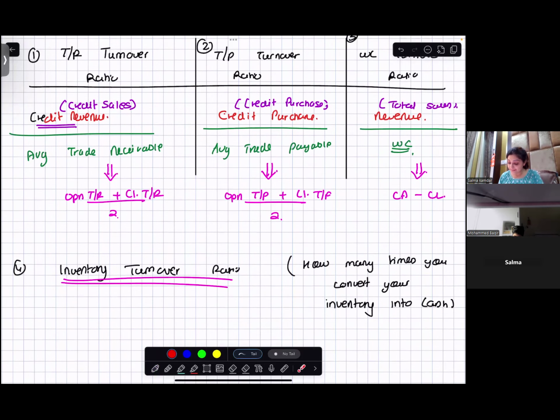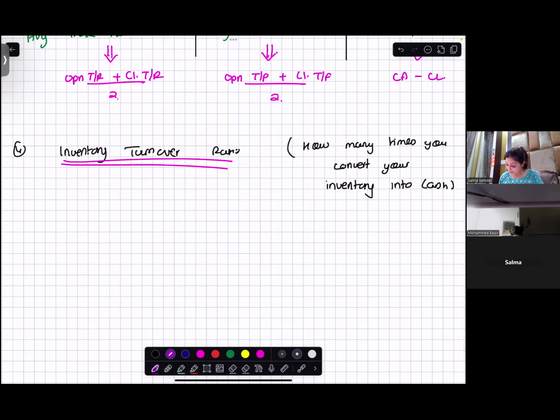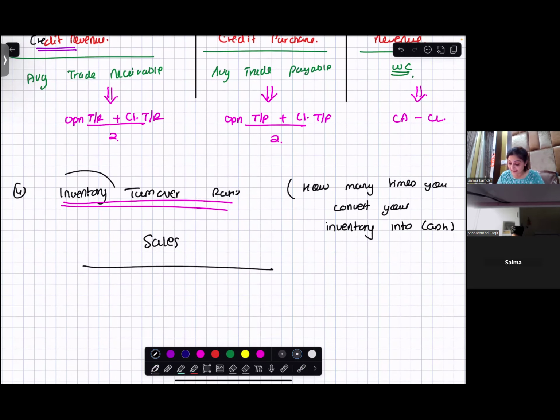Are you with me? So in inventory turnover ratio, again it would be your sales divided by average inventory.